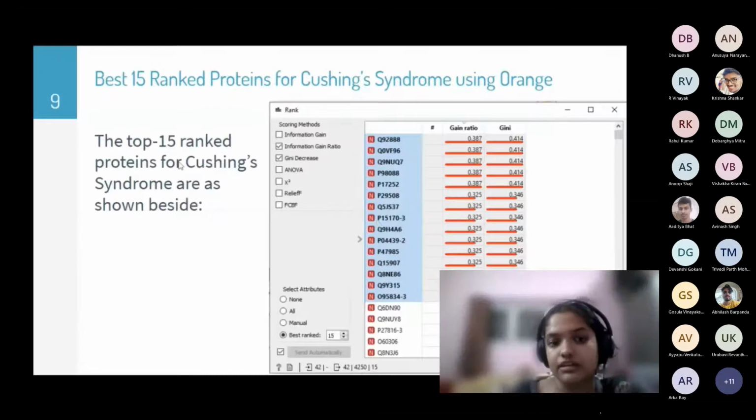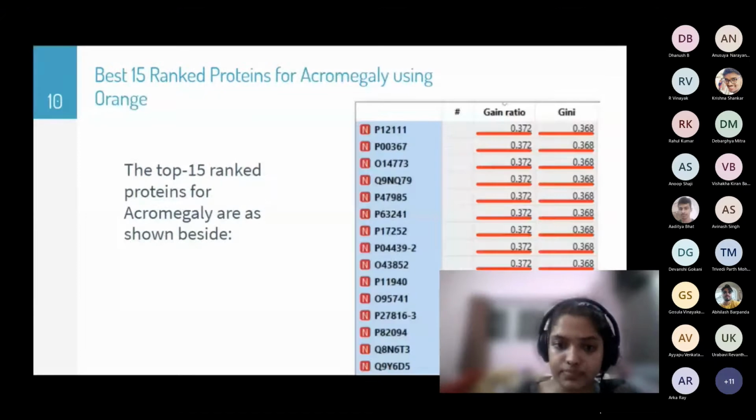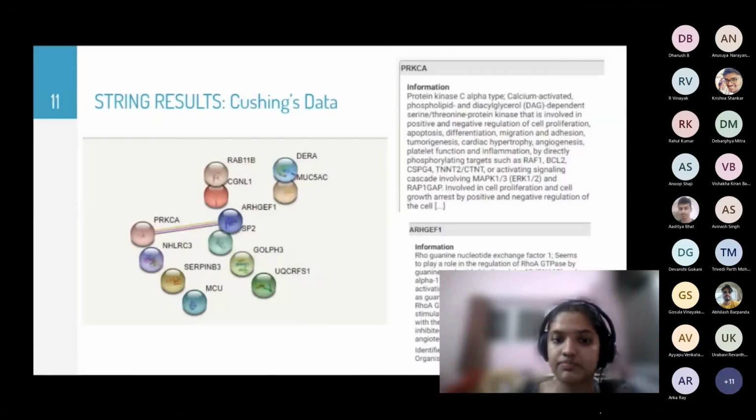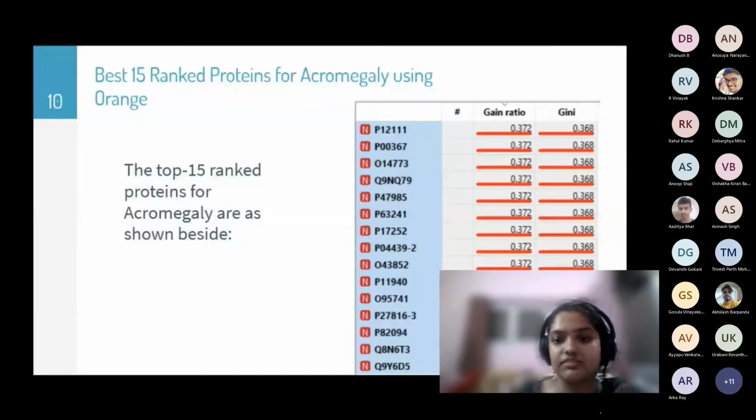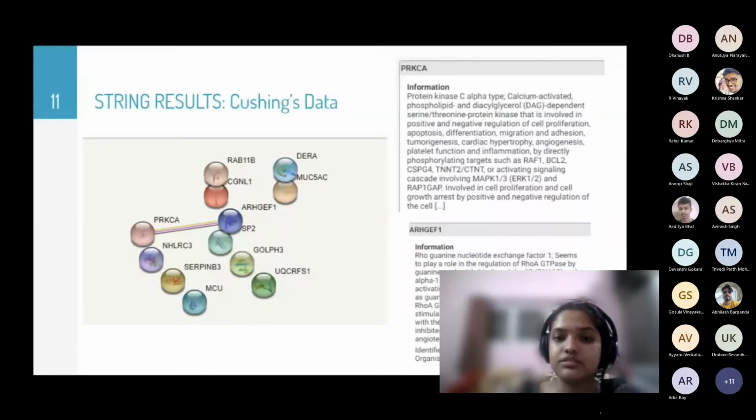The STRING analysis of the top 15 ranked proteins using Orange for Cushing syndrome yielded the following. The top 15 ranked proteins for Cushing syndrome from my Orange analysis were as shown beside, and the top 15 ranked for acromegaly are as shown beside. I could not find a strong correlation for the proteins in the acromegaly data, but for Cushing's, there was this single correlation that I could find using STRING.